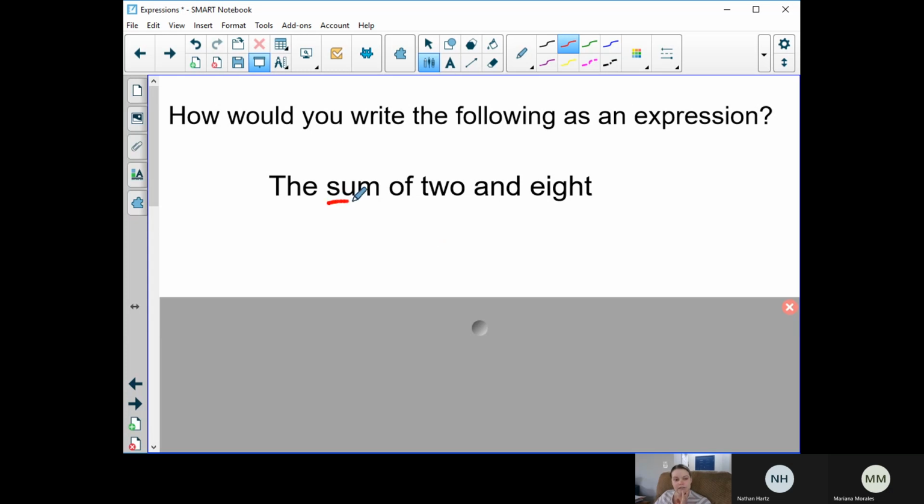Okay, so the word sum tells us we're going to add. So we know there's going to be some addition in there. And how did you know to use 2 and 8?